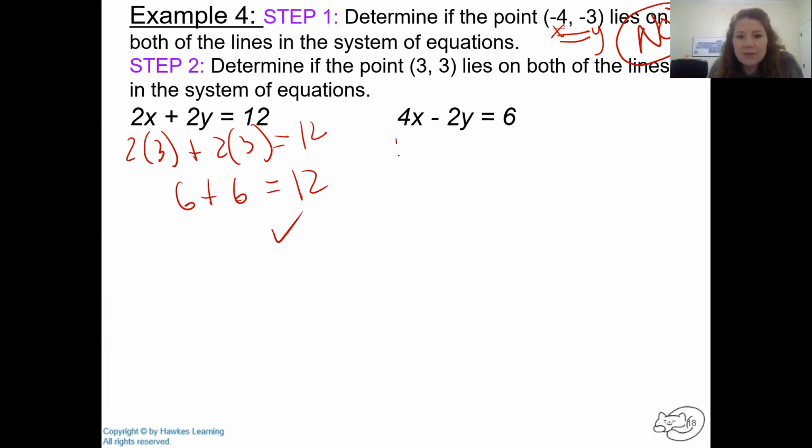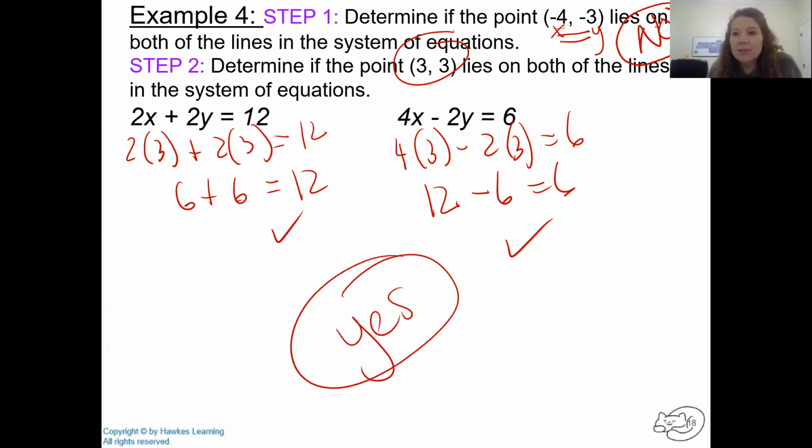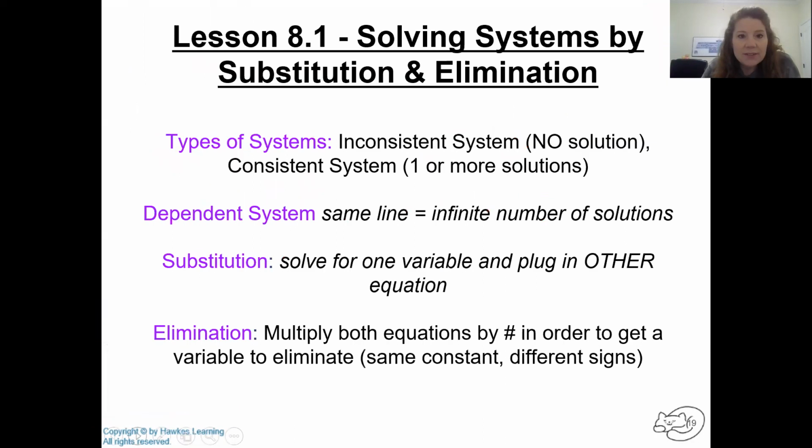Let's try the second one. 4 times 3 minus 2 times 3. Well, 4 times 3 is 12, minus 6 is 6. That's true. So yes, this is a solution. The top one, nope. The bottom one, yes. So you just plug in, substitute, and figure out the answer for those.